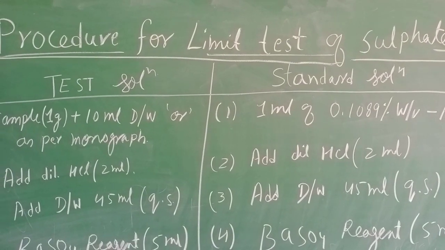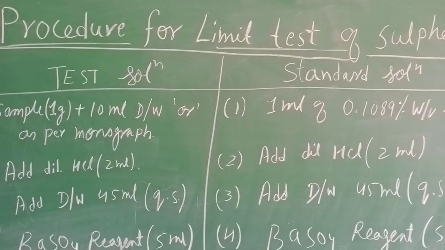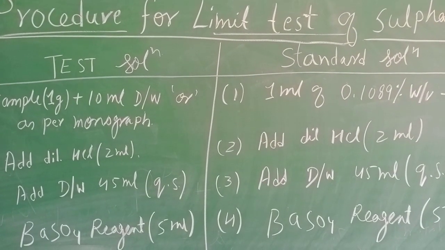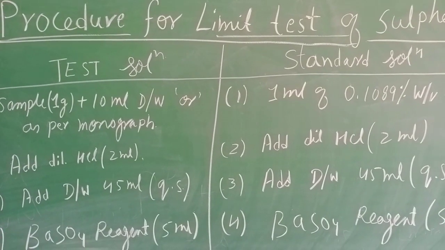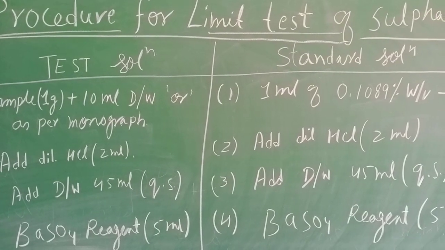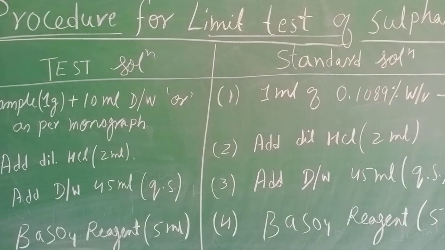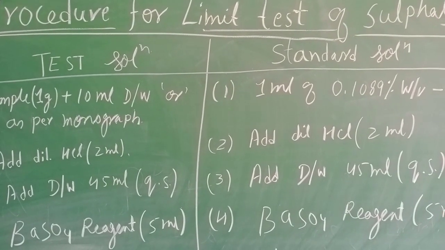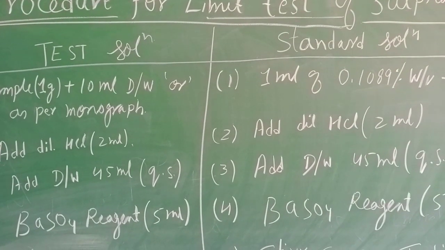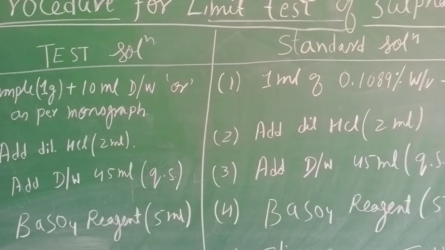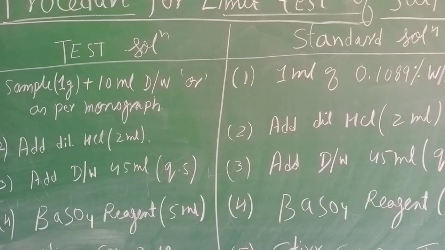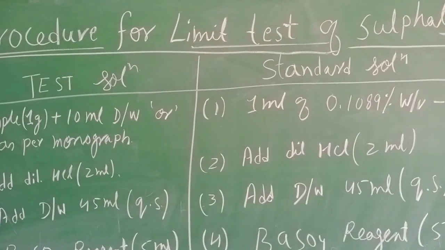Here also, in limit test of sulfate, we will prepare the test as well as standard solution in two different Nessler's cylinder and further compare turbidity produced by the test to the turbidity produced by the standard solution in order to know the outcome or the result for limit test of sulfate.